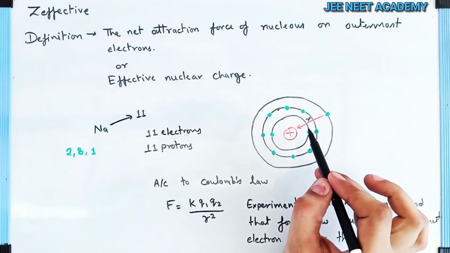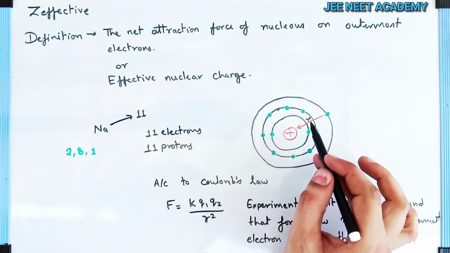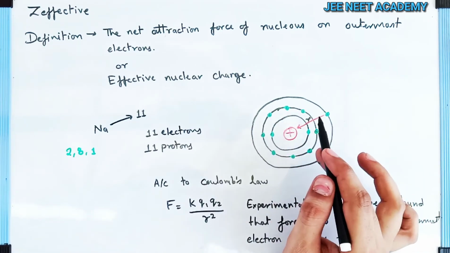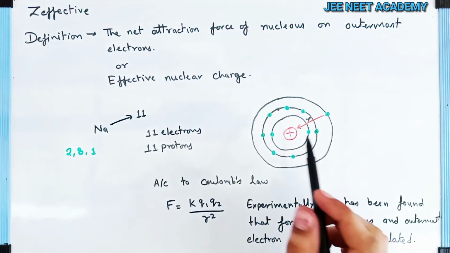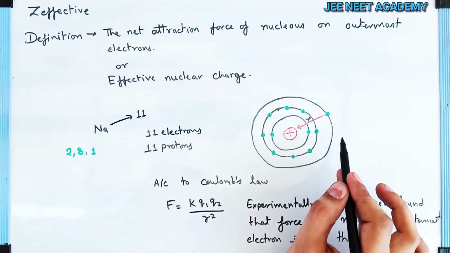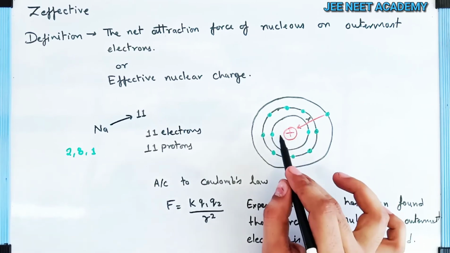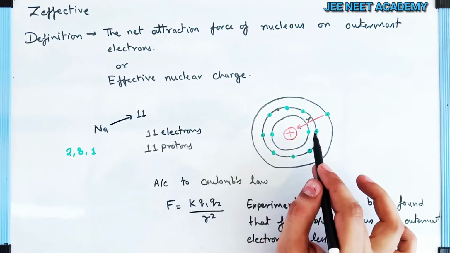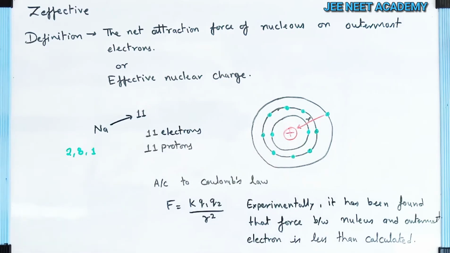Because 11 electrons are there, the electron cloud is there, two inner orbits are there, and 10 electrons are accommodated inside the inner orbits: 2 electrons in the first orbit, 8 electrons in the second orbit, and 1 in the third orbit.